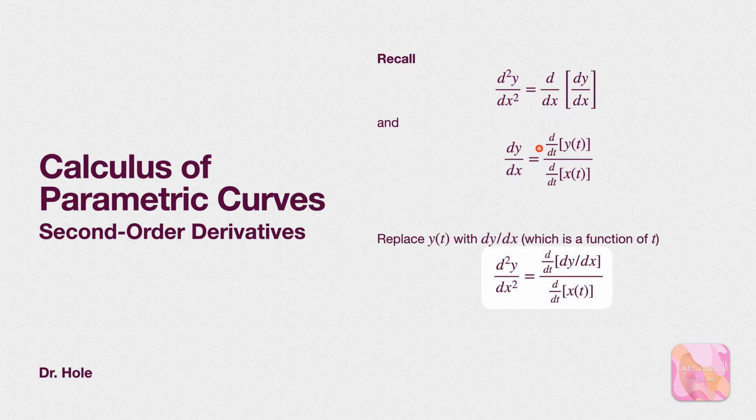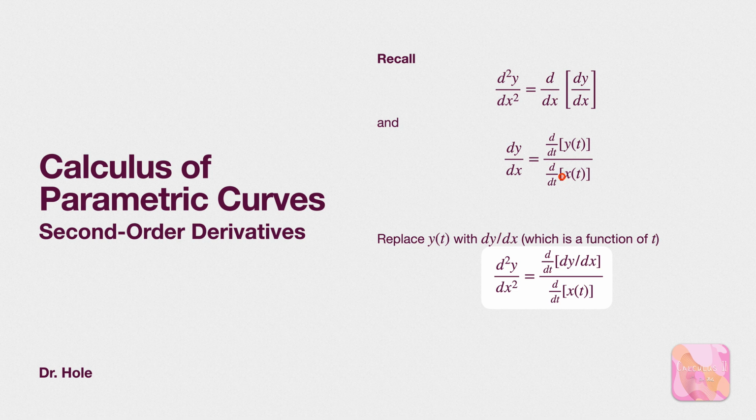Using this notation here, if we want to take a derivative, then we can look at a derivative of the derivative. So what we'll do is replace this y here with this quantity, dy/dx, and then these two can be made to be the same, so that the second derivative is d/dx of dy/dx, which is this quantity here.